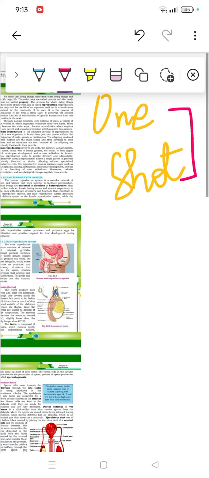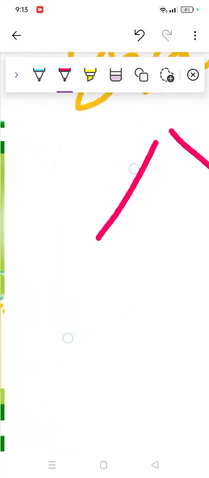First, our male reproductive system is divided into two parts: primary sex organs and secondary.